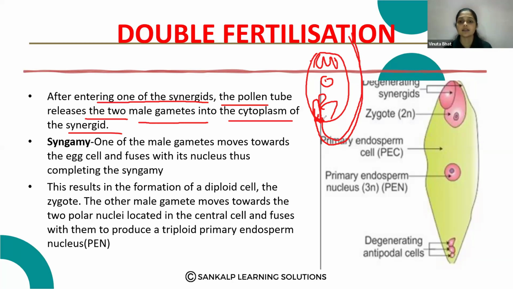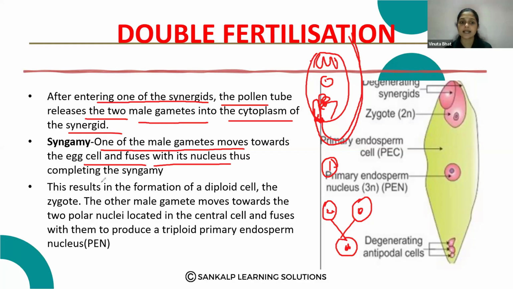So one of the male gametes moves towards the egg cell and fuses with the nucleus, completing the syngamy. You know that the egg cell is haploid and the male gamete is also haploid, which fuse and that leads to the fertilization.